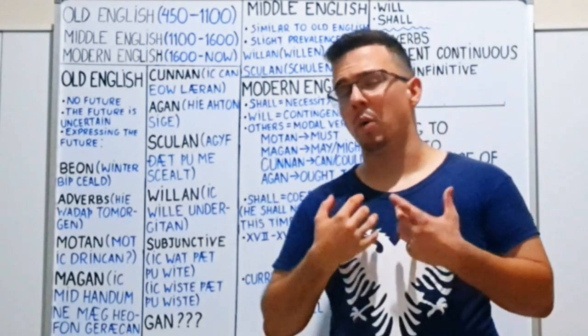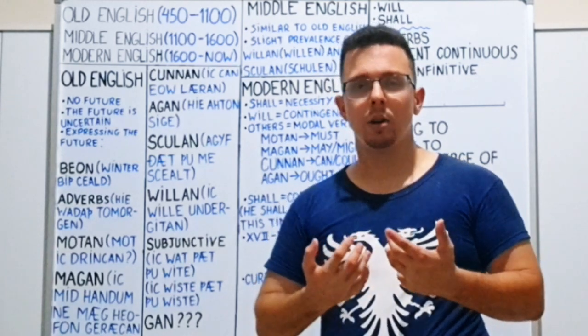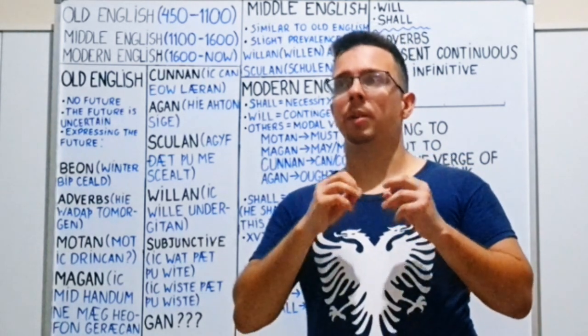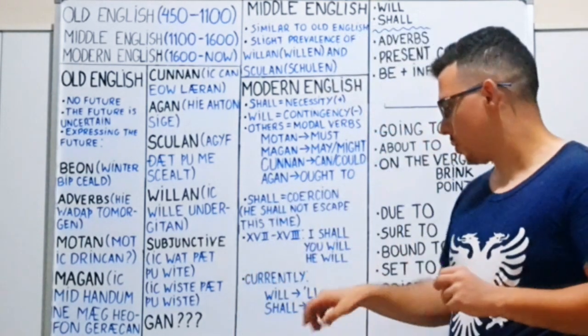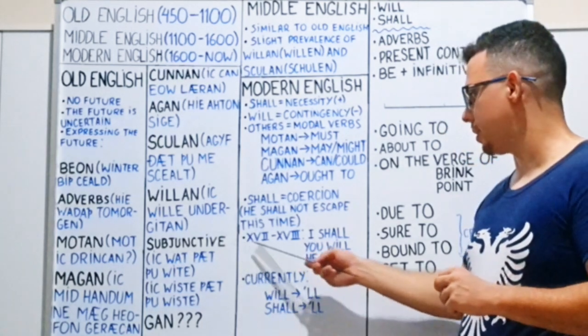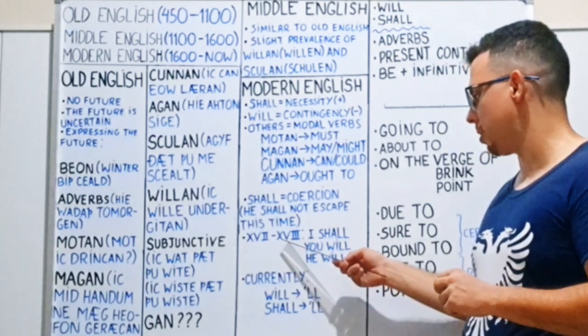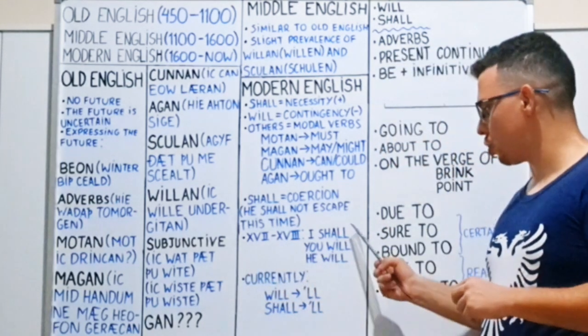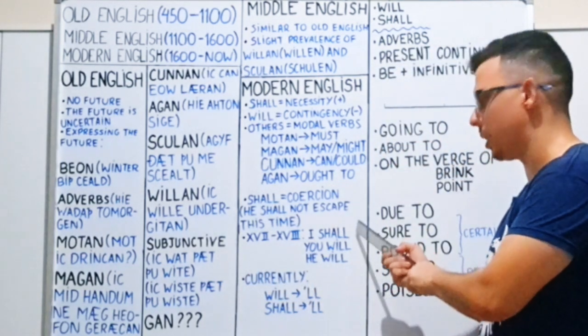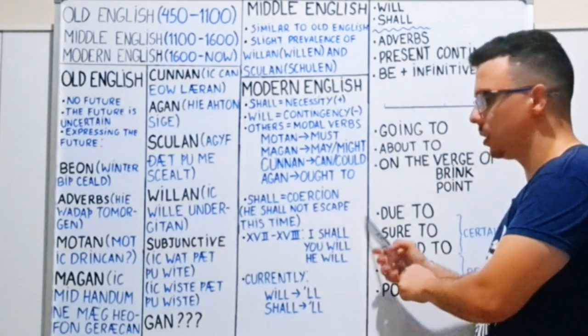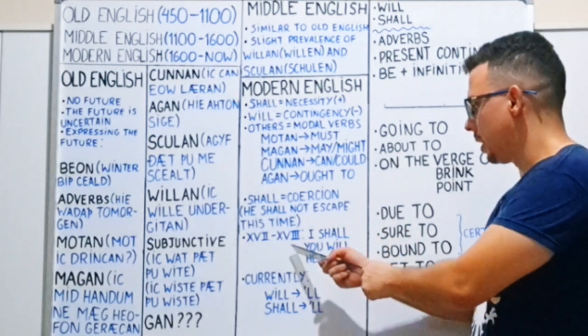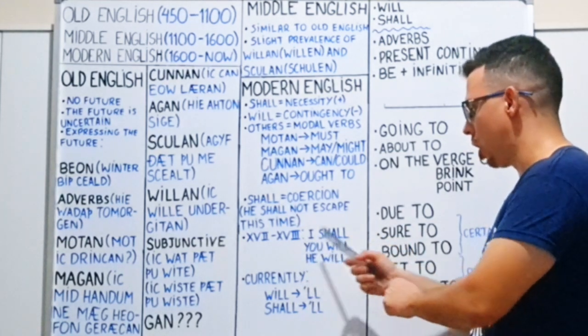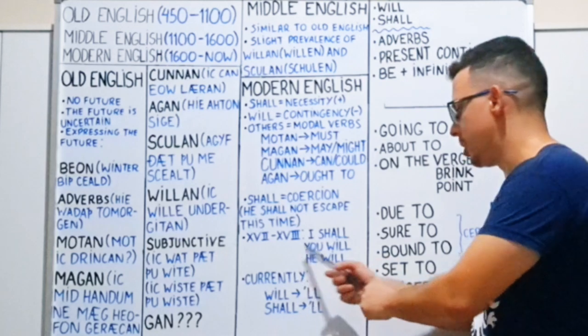And to make things worse for the word shall, we had a period in English which goes from the 17th century until the 18th century, in which there was a convention that shall should be used just with the first person. So I shall, right, but you will, he will, not you shall, he shall.